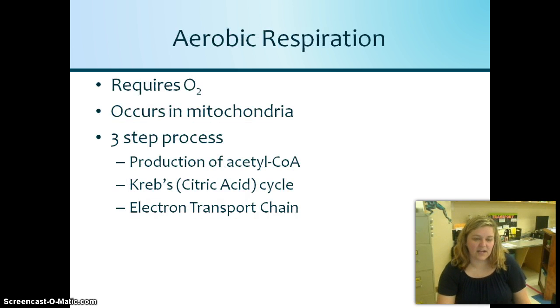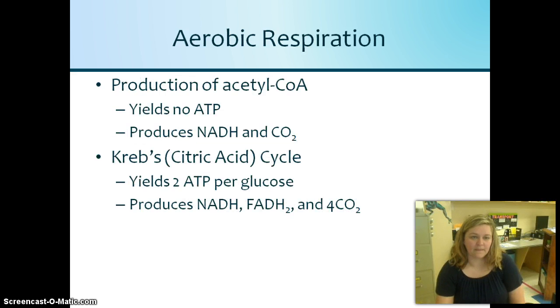Now, aerobic respiration occurs in the mitochondria, and it requires oxygen. I want you to remember this because aero means air, or we think about your mom doing aerobics, and whenever your mom does aerobics, she breathes a lot. She needs a lot of that oxygen, okay? It produces 2 ATP per glucose whenever we hit the Krebs cycle.